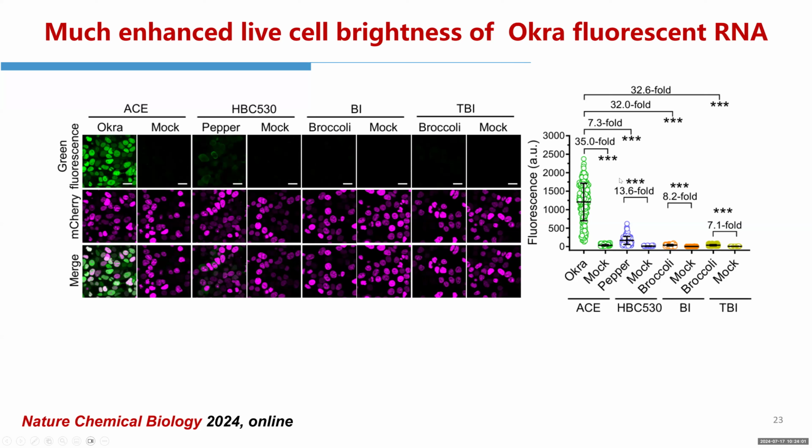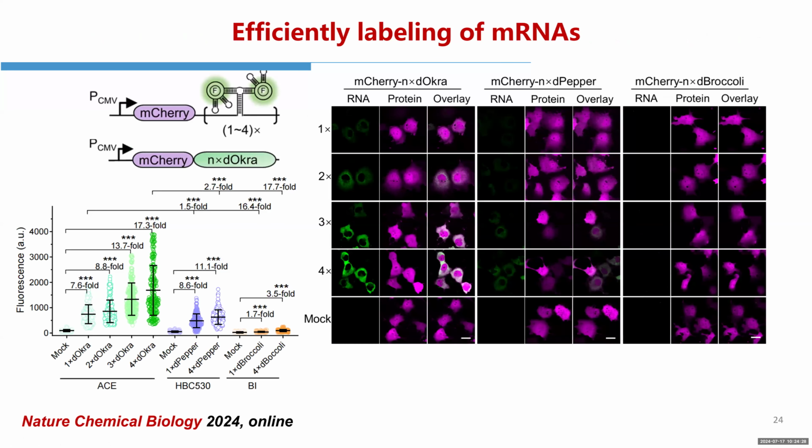Pepper fluorescence is about 1/7 of Okra, but when we incubate these cells with magnesium, the pepper fluorescence is significantly enhanced, equal to the fluorescence of Okra.